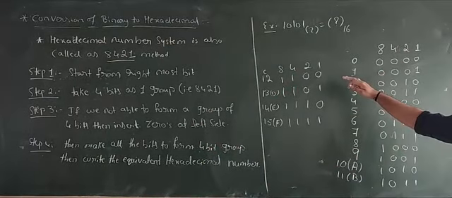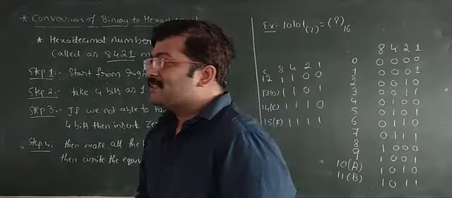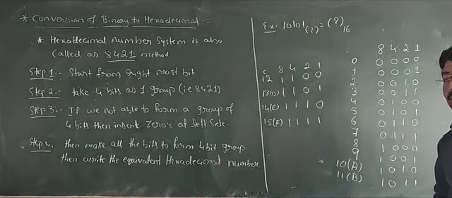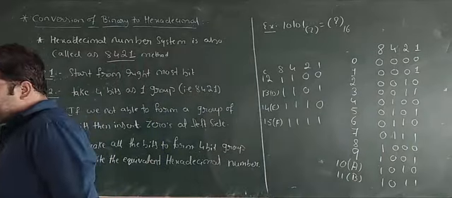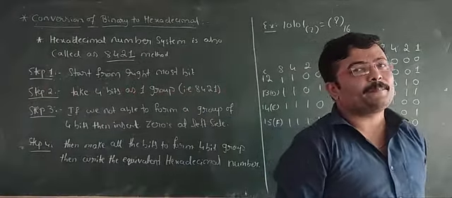The 8 4 2 1 method means a group of 4 values. Next we can continue the conversion of binary number to hexadecimal number. You already know that hexadecimal is also called the 8 4 2 1 method.